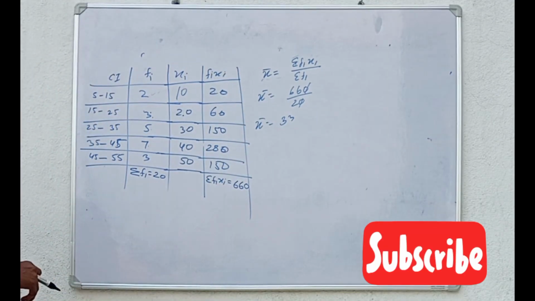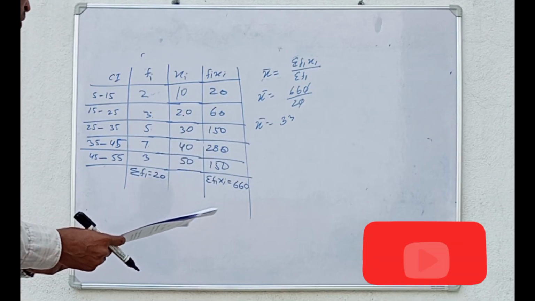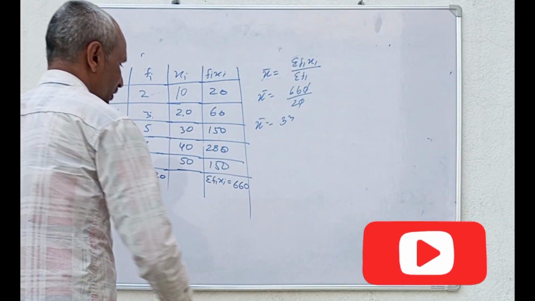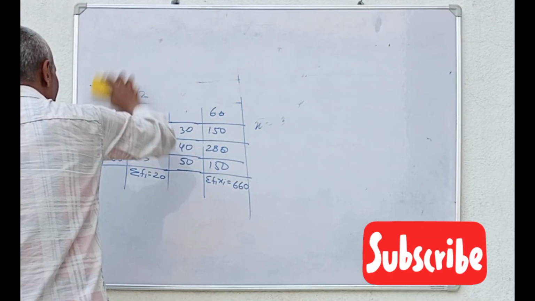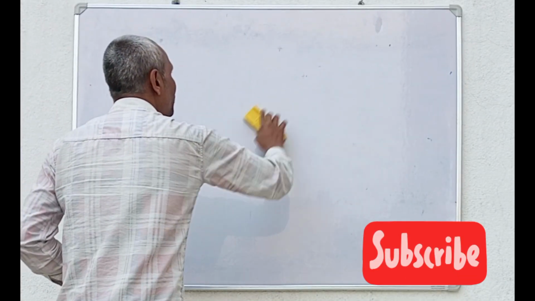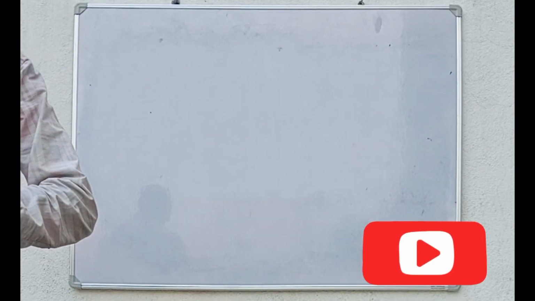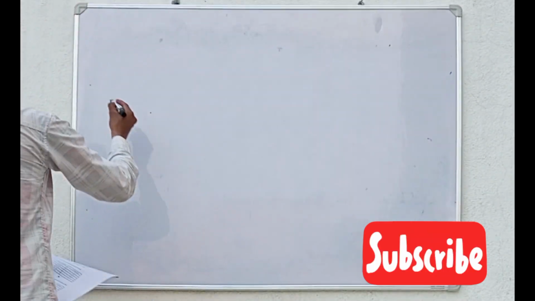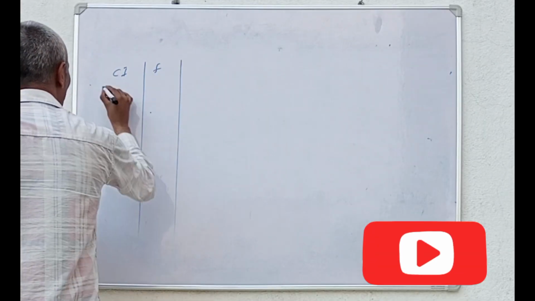Next question: in another table given, it is asked to find the mode of the following table. Whatever the question given, we are writing it and finding the mode. What is the mode? Mode means the most repeated frequency, the most repeated number, the most repeated data among the observations. Here the class interval (CI) is given, and frequency F is given to find the mode.